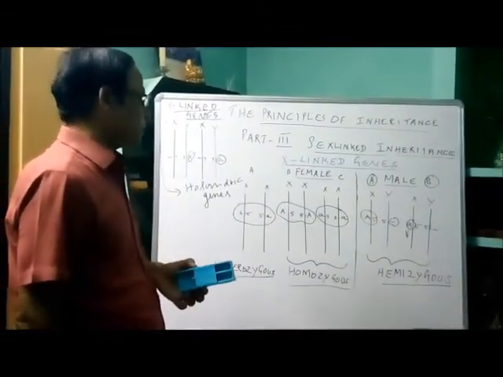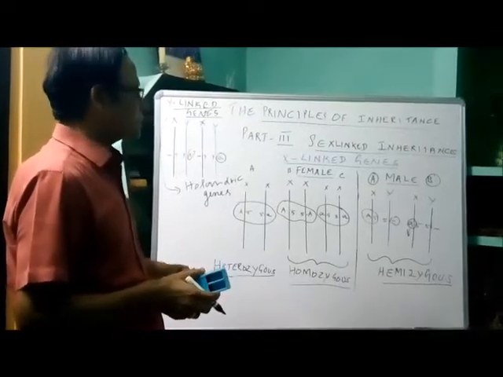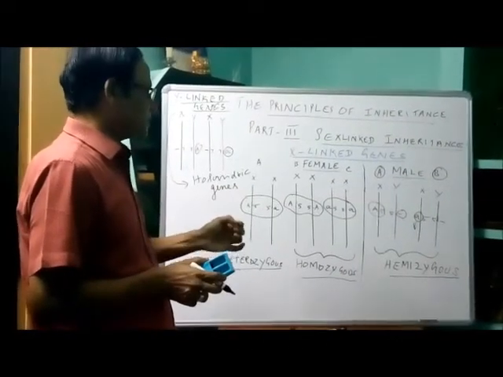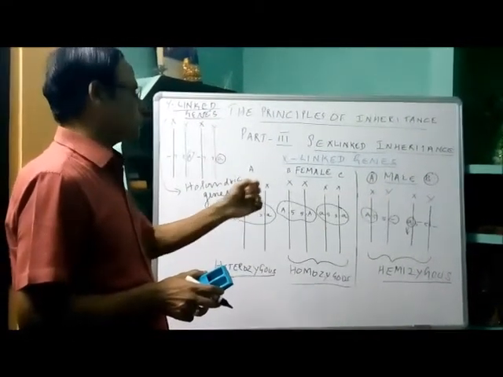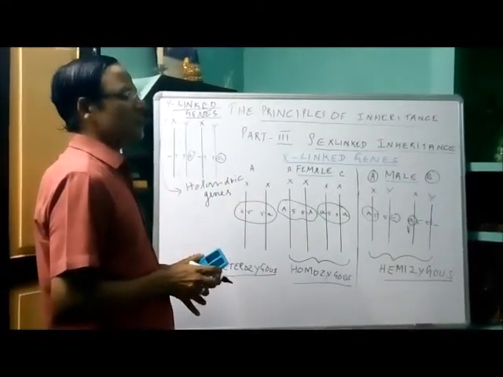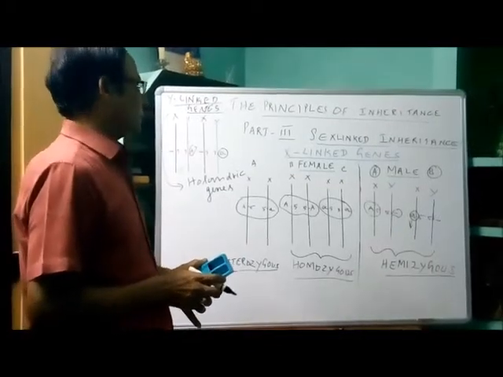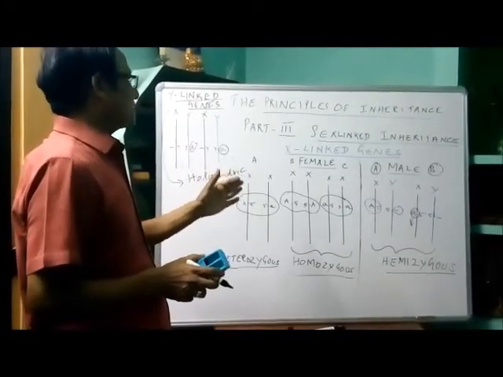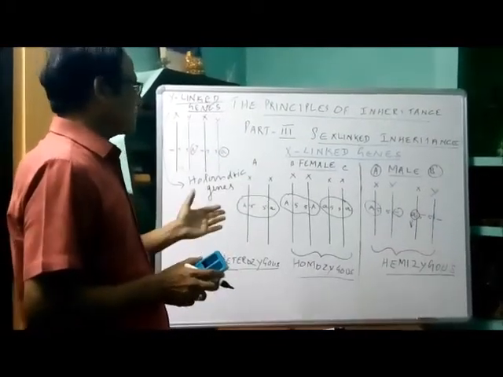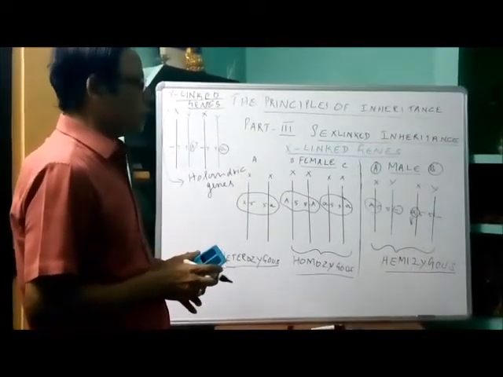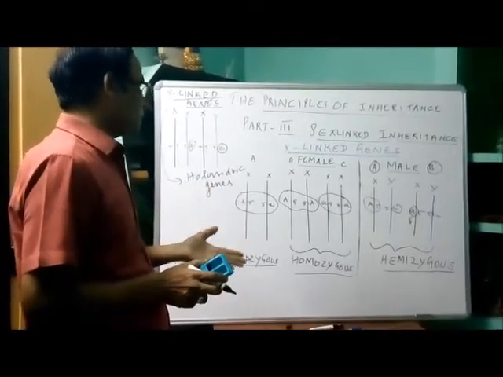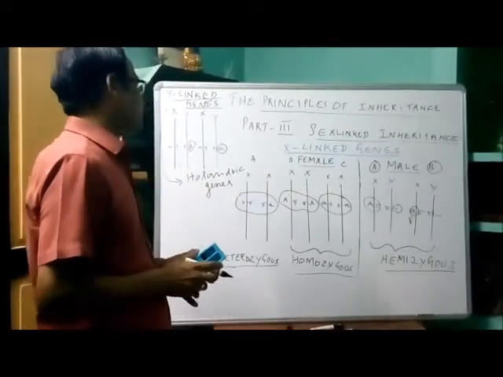That's why males are more prone to sex-linked characters: they are hemizygous. When one recessive gene is present, that character is expressed. So X-linked genes have no corresponding allele in the Y chromosome, and Y-linked genes have no corresponding allele in the X chromosome, as you can see here.